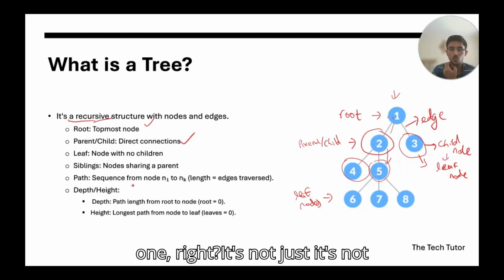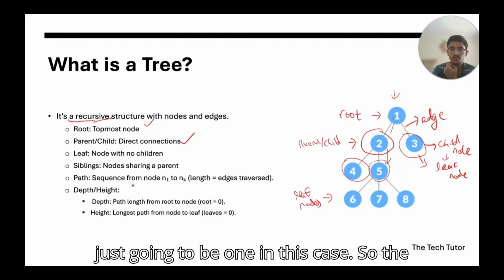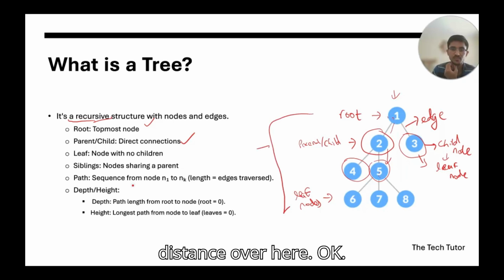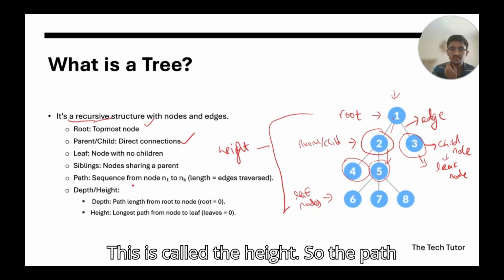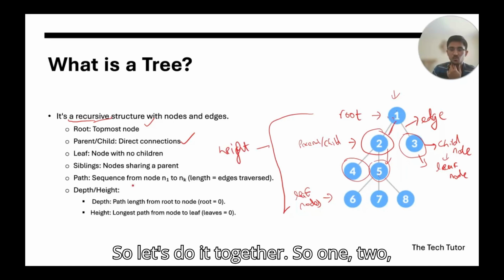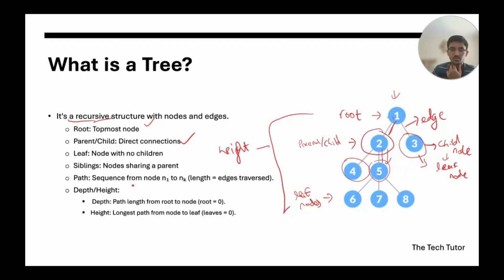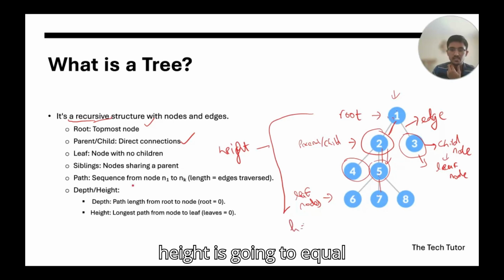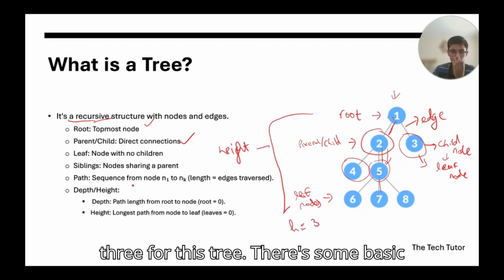It's not just going to be 1 in this case. The height is going to be this entire distance over here. So the path from here to here is called the height. Let's do it together: 1, 2, 3. It took me 3 steps. So the height is going to equal 3 for this tree.